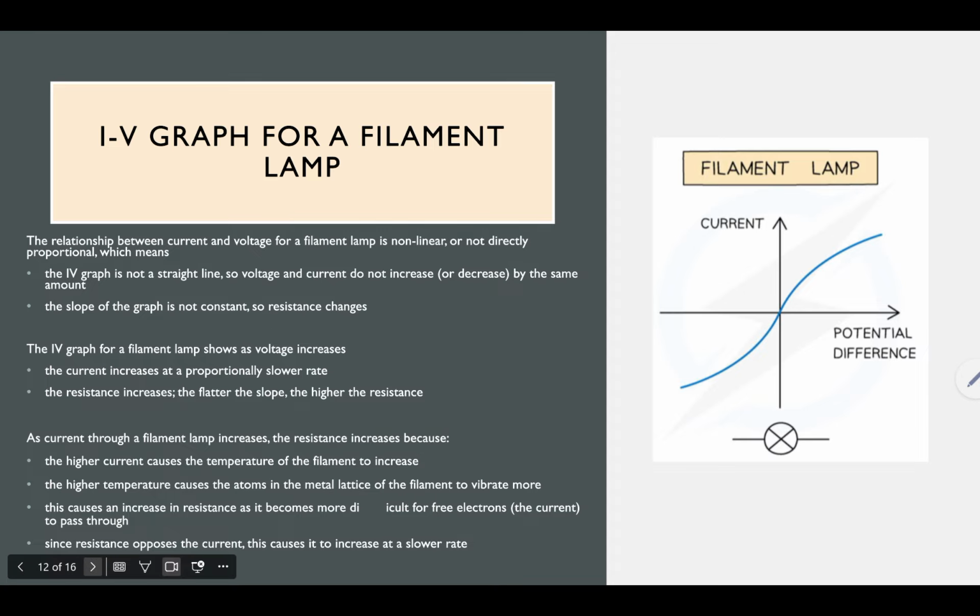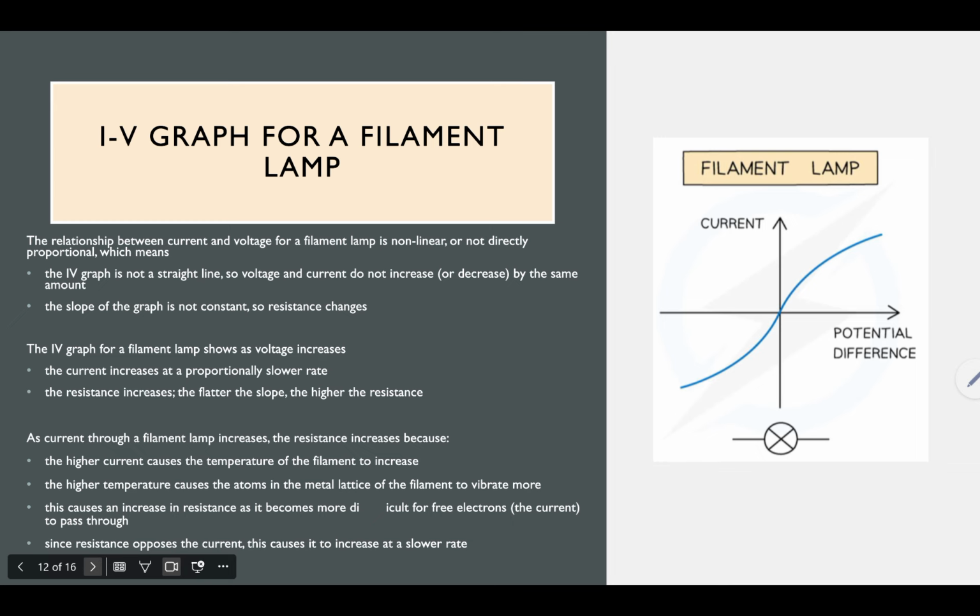As for the filament lamp, which is a non-ohmic resistor, the relationship is not a straight line, it's nonlinear. So this means that when voltage and current increase, they don't increase at the same amount. The IV graph for a filament lamp shows as voltage increases, the current increases at a proportionally slower rate, and the resistance increases.